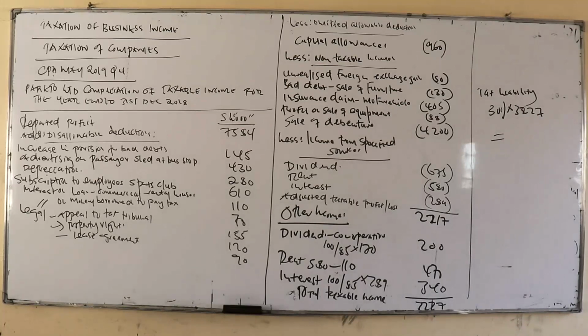Interest ndio dividends. Kuna two kinds of dividends. We have qualifying dividend. Si kama hii, una add hiyo, una share na our partners. Una gross alafu una share. Hii ni taxable tena.